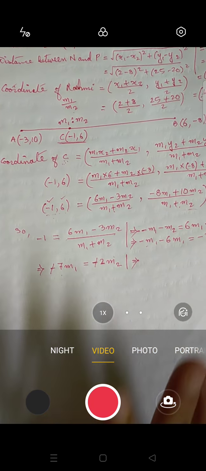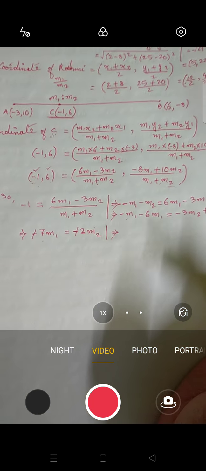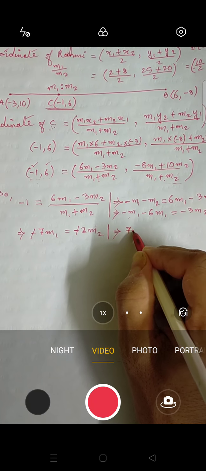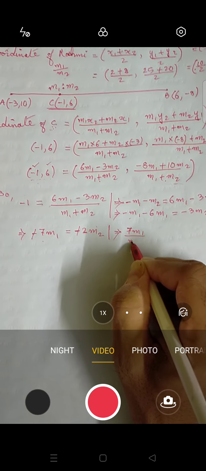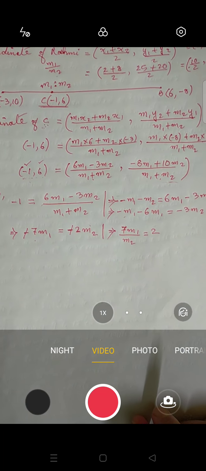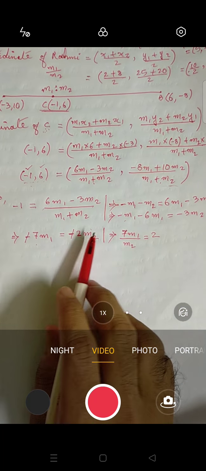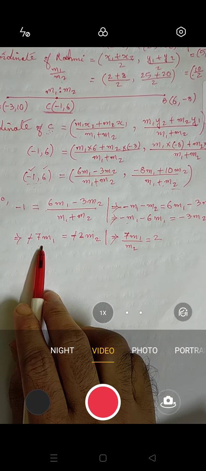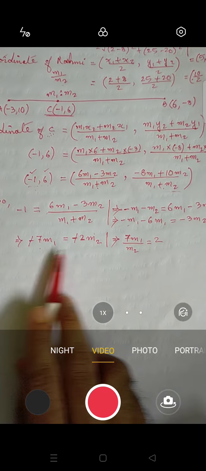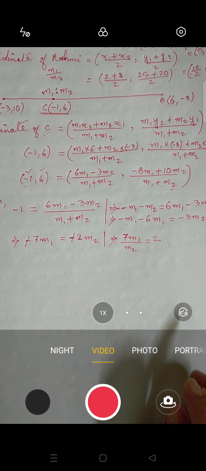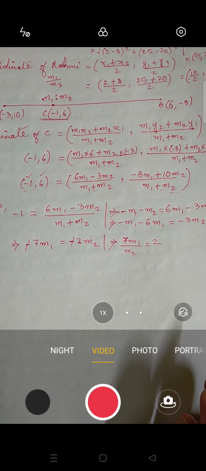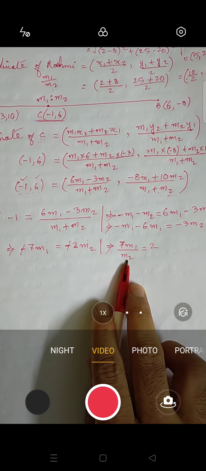Just check it, you will write afterwards. So can I write this one as 7 m1 by m2 equals to 2. Are you getting it or not? This m2 I have brought it in the denominator of the other side. So we are getting 7 m1 by m2 equals to 2. But we wanted to find the ratio of m1 and m2, so we want m1 and m2, not 7.